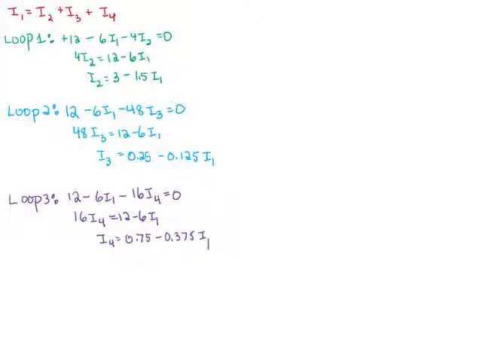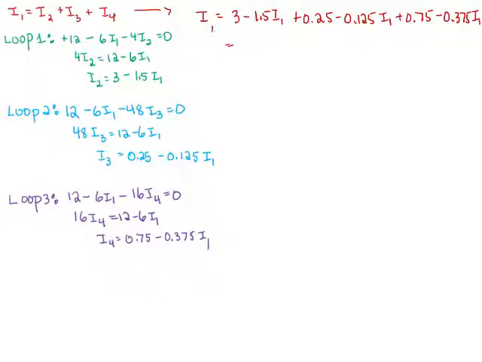Let's keep going with our algebra then. So I1 is equal to I2, which is 3 minus 1.5 I1, plus I3, which is 0.25 minus 0.125 times I1, plus I4, which is 0.75 minus 0.375 I1. There, just managed to squeeze it all in there.